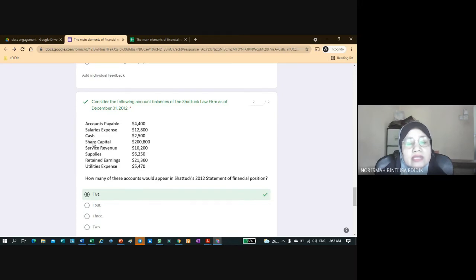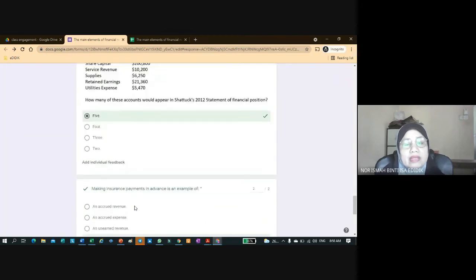Share capital is equity, service revenue is revenue, bukan. Supply is an asset, yes. Retained earnings is equity, masuk. Utility expense, bukan. So yang masuk 1, cash, 2, supplies, 3, 4, retained earnings. The answer is 5. Ramai salah yang ni ya.